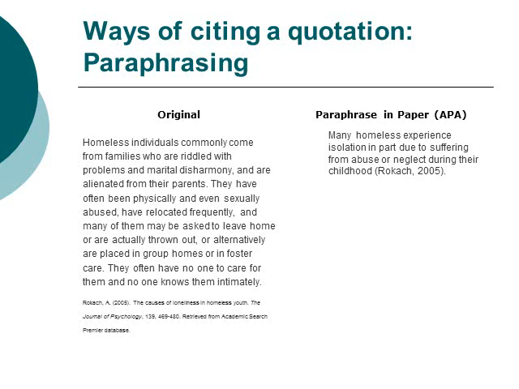So whereas in the original, they go into a lot of detail about what suffering from abuse looks like, in the paraphrase, we just call it suffering from abuse and neglect. In the original, even though they might say something very specific like, these people have no one to care for them and no one knows them intimately, in the paraphrase, we've taken that idea and thought of it instead as experiencing isolation.